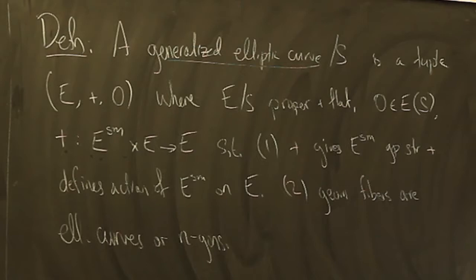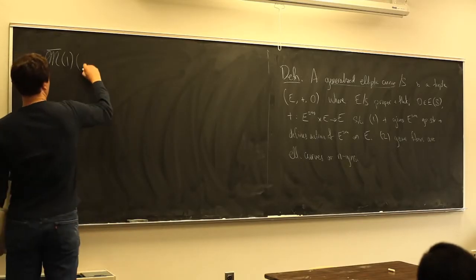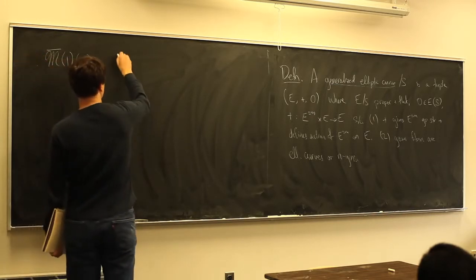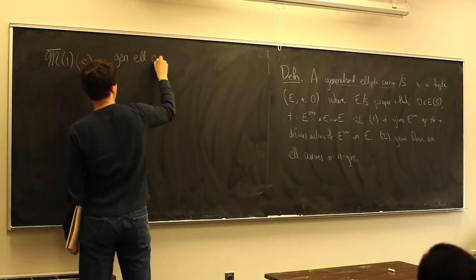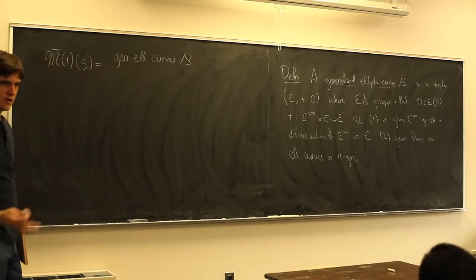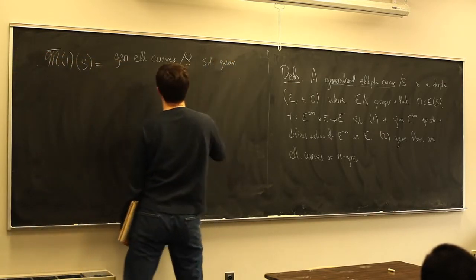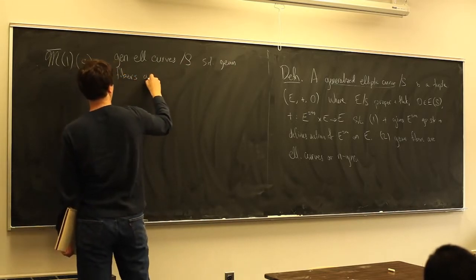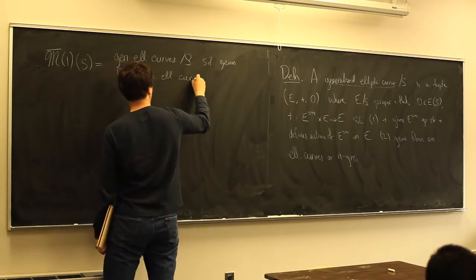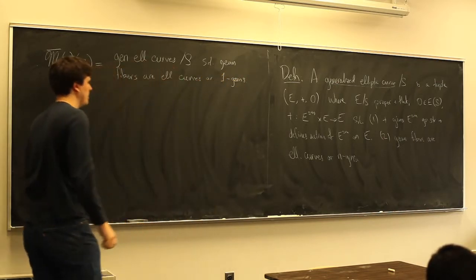Okay, so here's a moduli problem. I'm going to define M1 bar by telling you its functor of points. To a scheme S, it attaches the generalized elliptic curves over S, such that the fibers are either elliptic curves or one-gons.